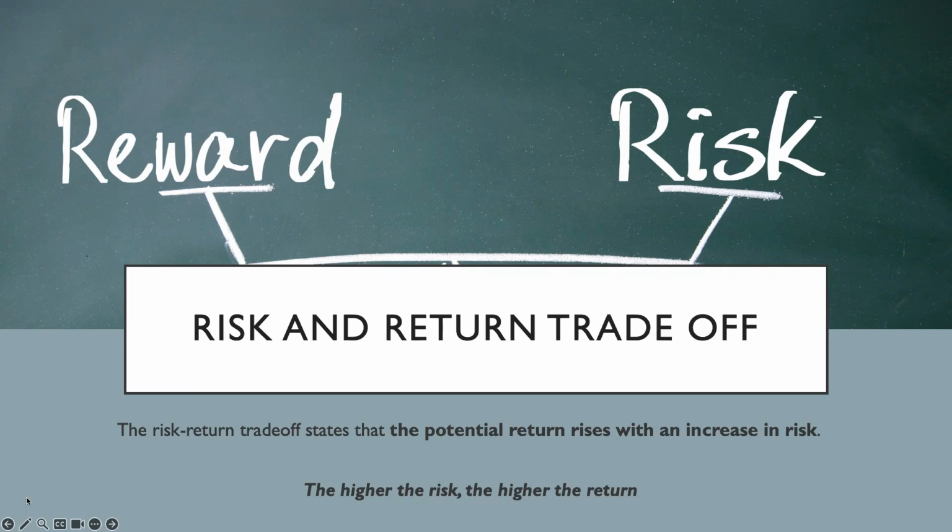This has been demonstrated by our lesson in the determinants of interest rates, where the greater the risk a lender is exposed to, the higher the required rate of return. All right?